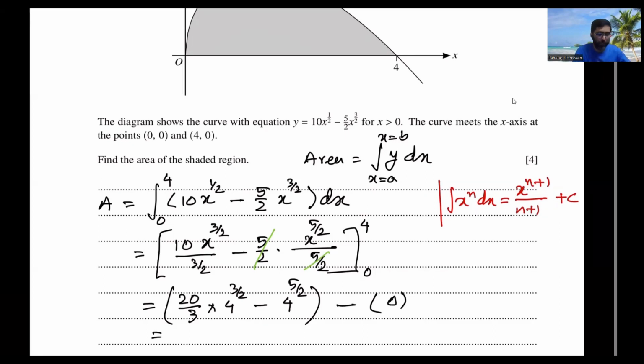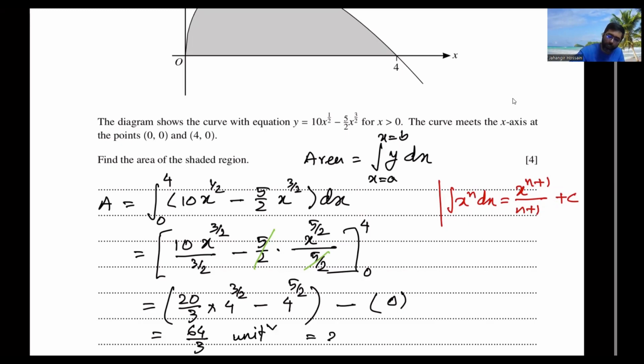Now calculate: 160 by 3 minus 32, that is 64 by 3 unit square. That's the answer in improper fraction.